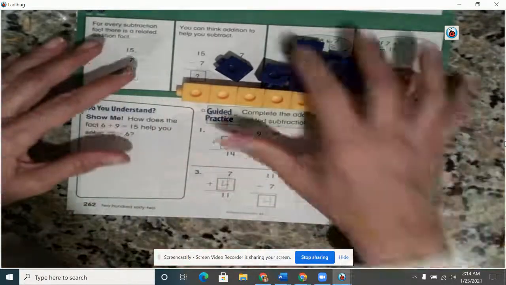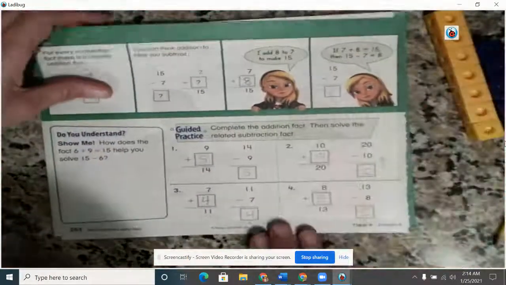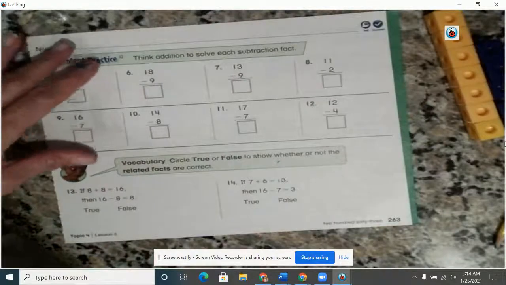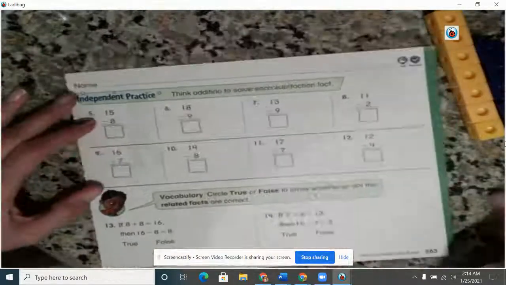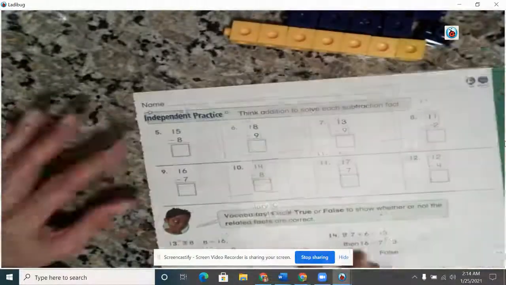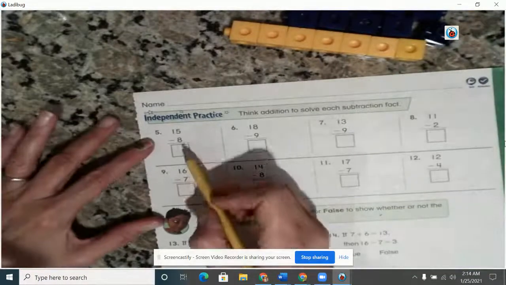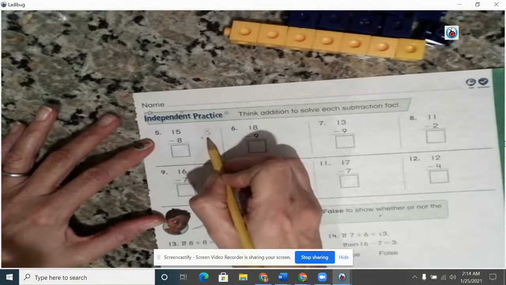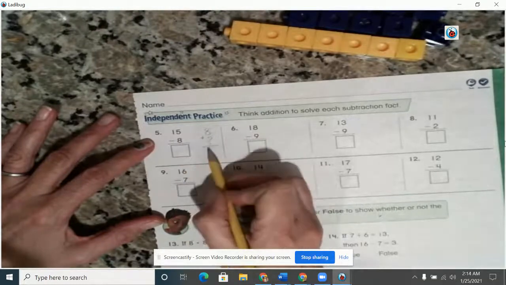So we're already done with that page, but you do not need to send me a picture of it because we did it together and practiced that together. So now we're going to work on the next one. So this time, it's not giving you the addition problem, but you can think about it in your head. You can think, okay, well, 8 plus something is going to equal 15.